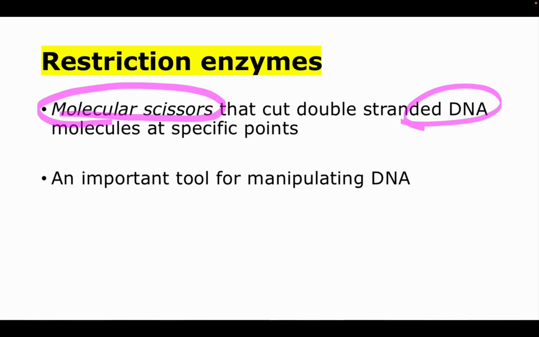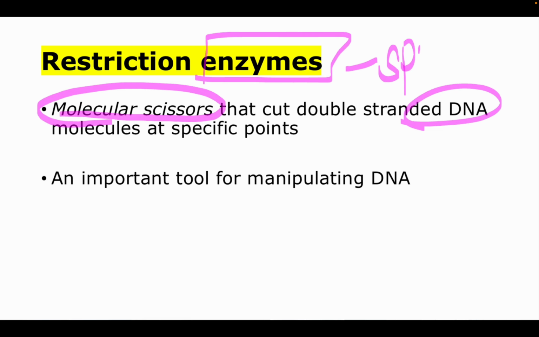That is the main purpose of a restriction enzyme: it cuts the DNA. And take note, because we are talking about enzymes, one of their outstanding characteristics is specificity. They are very specific in nature.